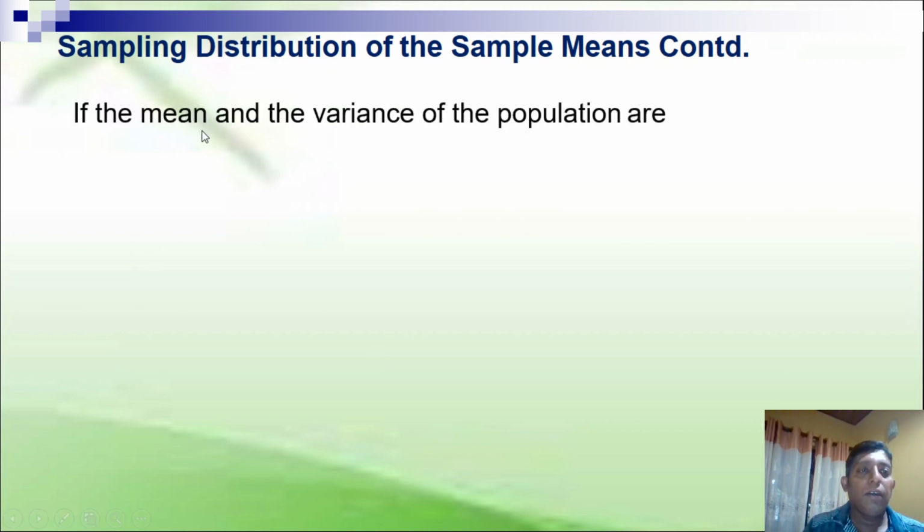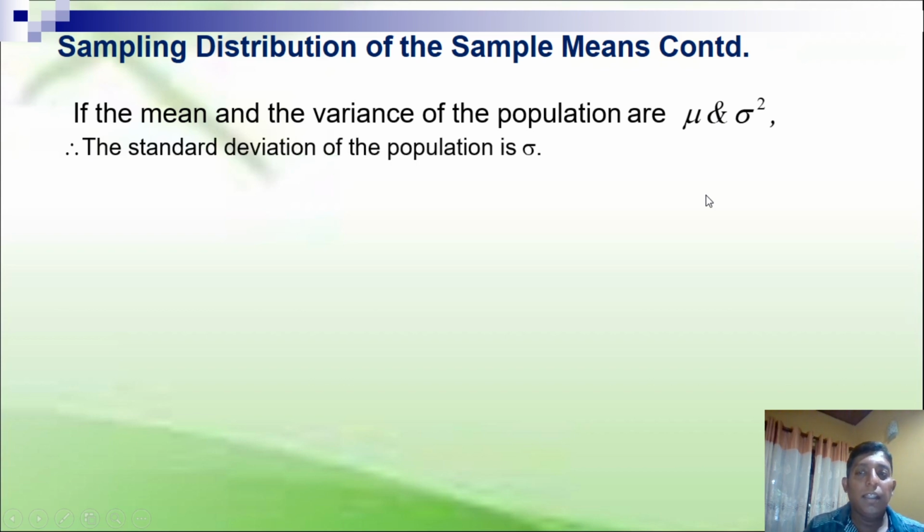Now see some characteristics or properties of the sampling distribution of the sample mean. Suppose the mean and the variance of the population are given: mean mu and variance sigma square, that means the standard deviation of the population is sigma.